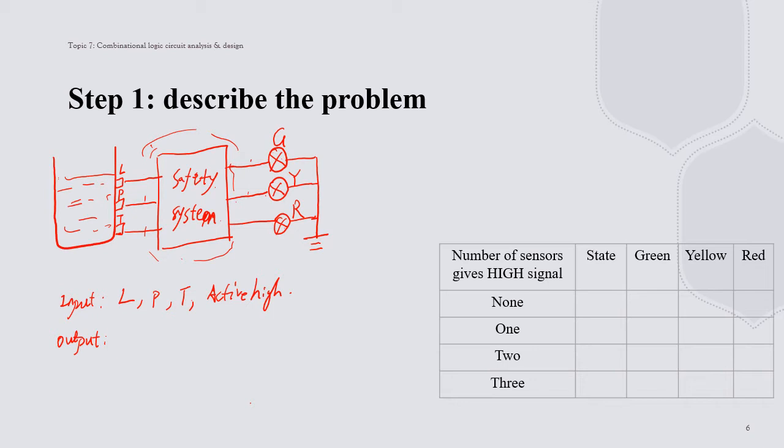But here we can still use the same letters to represent those signal lines. So the output would be the signal lines for the green light, yellow light, and the red light. And remember, they are also active high. You must put the active level here, so you know whether you need to put a 0 or 1 in the truth table later.